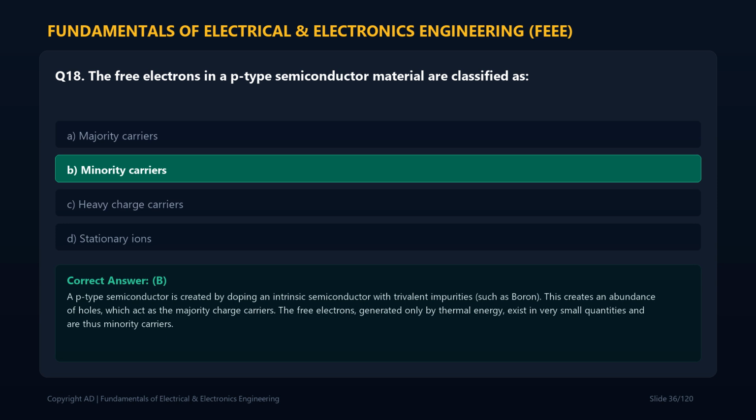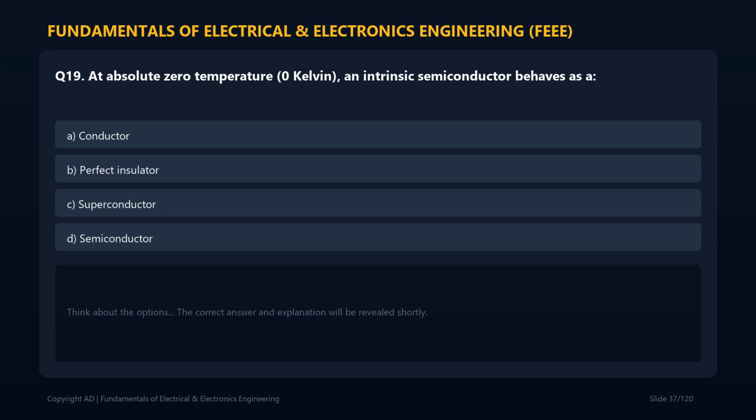In p-type semiconductors, trivalent doping creates an abundance of holes as majority carriers, leaving thermally generated free electrons as minority carriers.